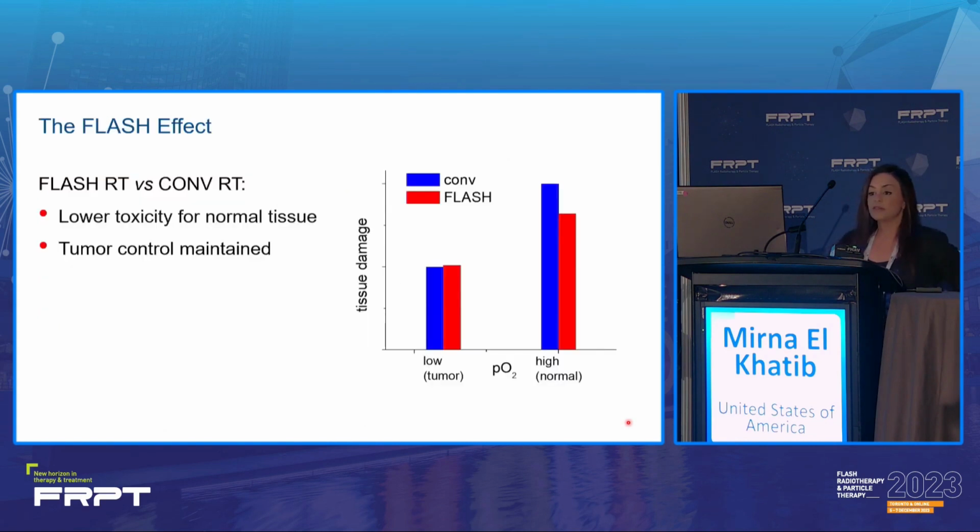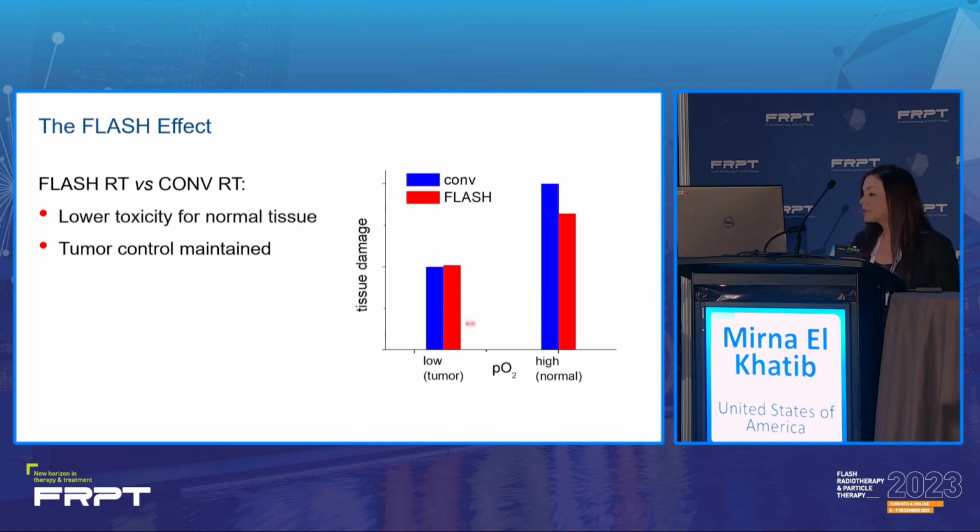The flash effect is composed of two parts. The first is that at ultra-high dose rates, we have less tissue damage in the normoxic region compared to conventional rates. The second is that the tumor control is equally maintained to the conventional rates.